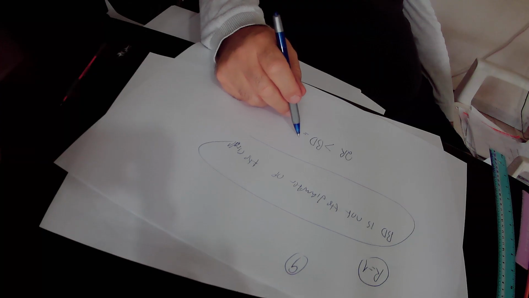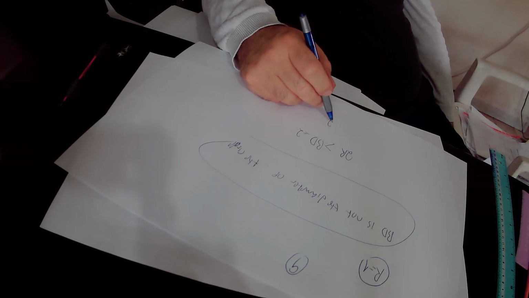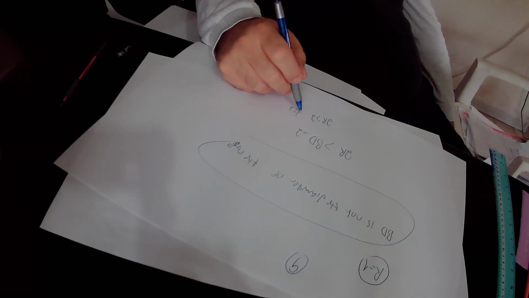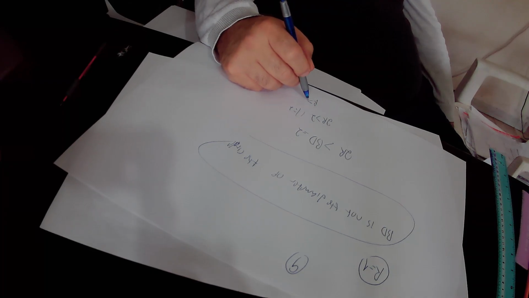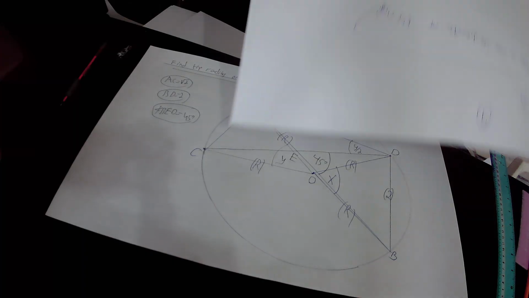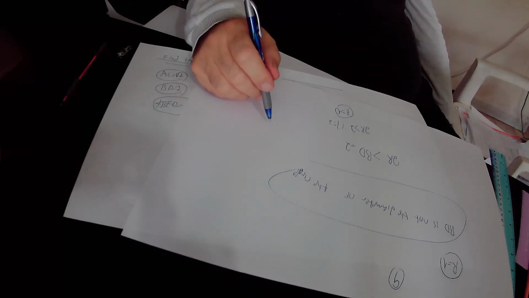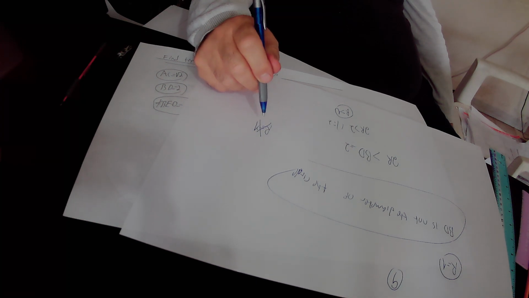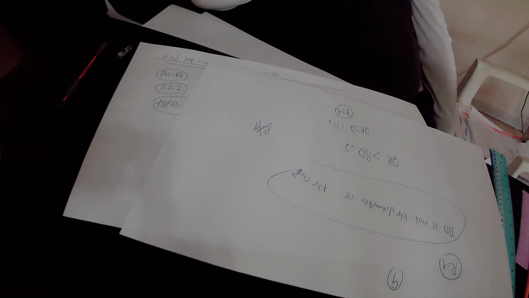But BD equals 2, so 2r must be greater than 2. You divide this inequality by 2, and you get that r is greater than 1. So the solution that r equals 1 is incorrect, because r must be greater than 1. Okay?